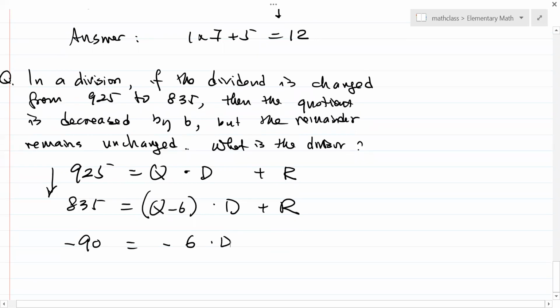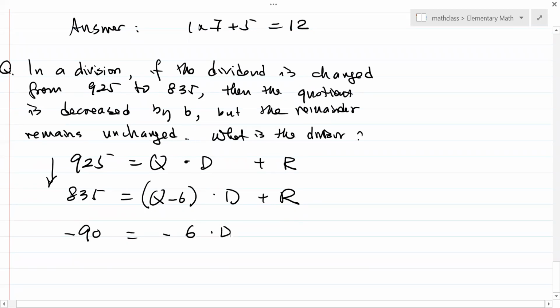If the quotient changes from the original quotient to 6 less, then you must have the change in the dividend. It's 90. So that's why you get the divisor is 15. 90 divided by 6 is going to be 15.